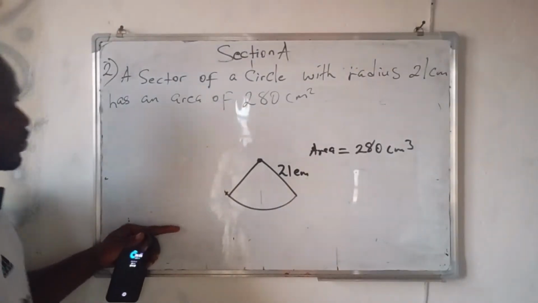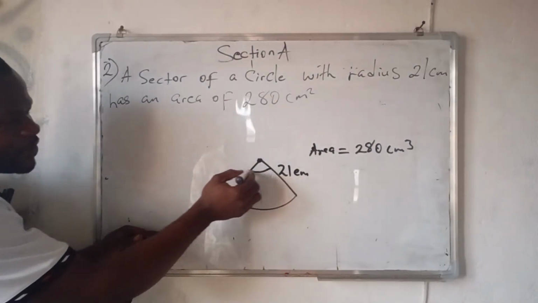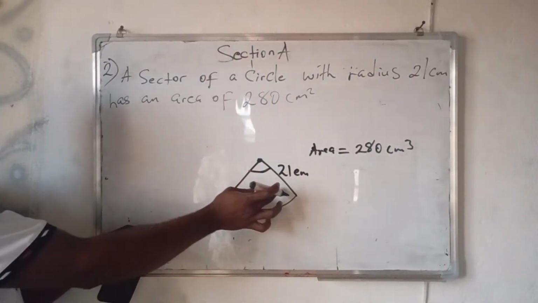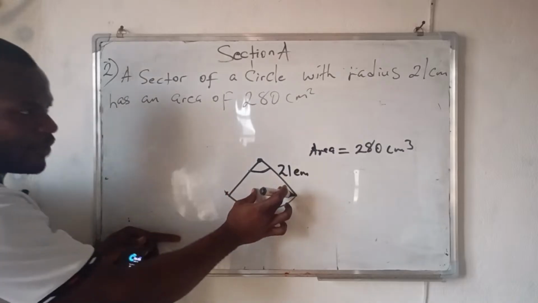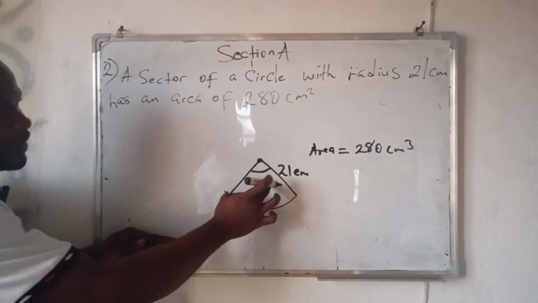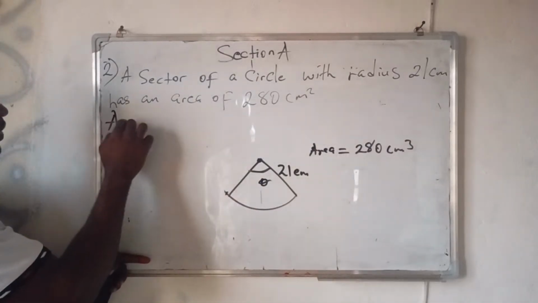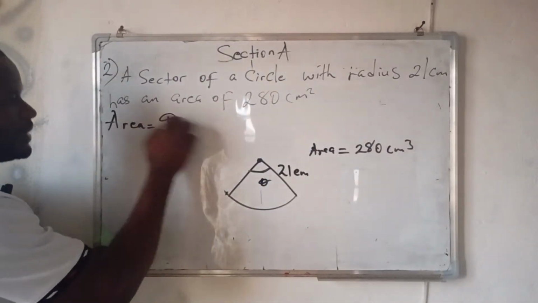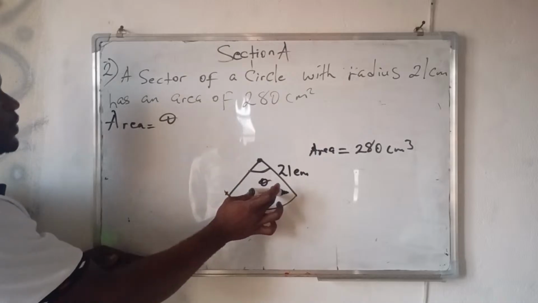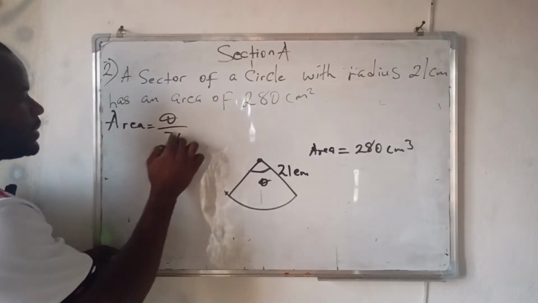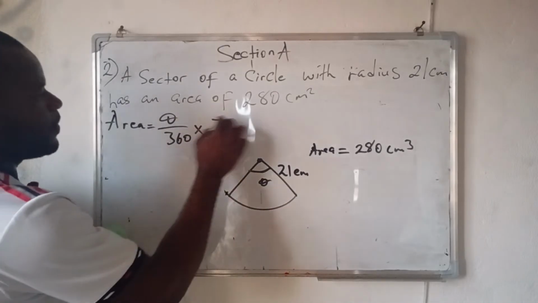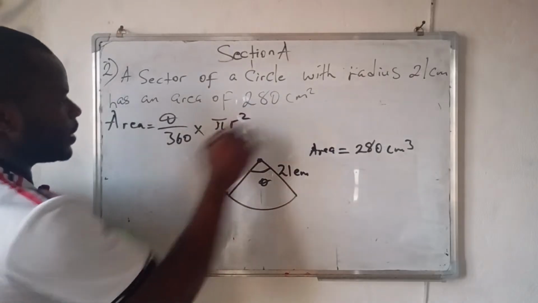From this you can notice that we have a distance between these two radii, and this distance is our theta. Then the area of this sector is equal to theta, the distance between the two radii, over 360 times pi r square.